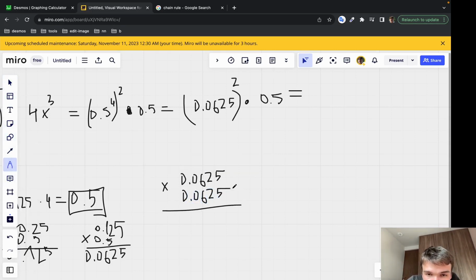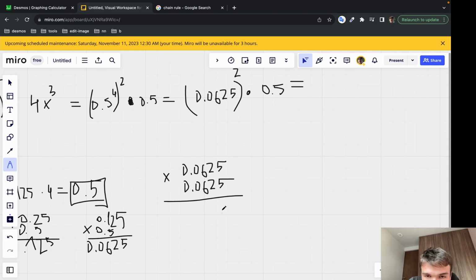So 5 multiplied by 5 is going to result in 25. All right, am I right in this? Yeah, I'm right. So 25, 5 here. What's going to happen then is 5 by 2 is going to result in simply, it would be easier if we just used 0.0625 multiplied by 2, but anyways, let's do it this way, because it's actually the same thing, but this one is harder.